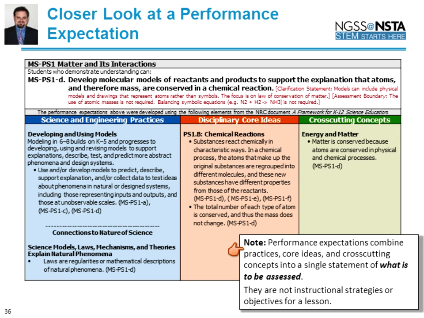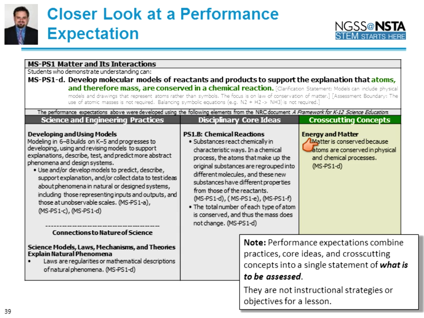But let's see how that particular performance expectation is a blend of these different elements here. We've got developing models to support an explanation. We've got reactants and products, and the idea of atoms and mass are conserved in chemical reactions. That's brought up down here in the core ideas.